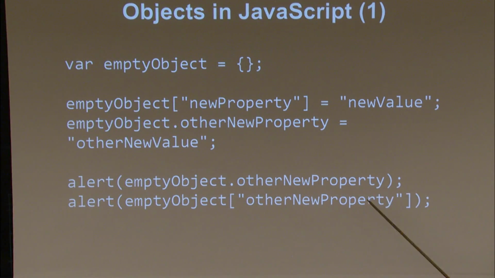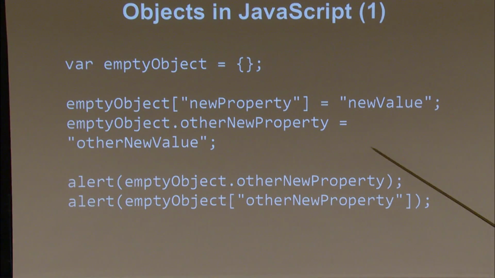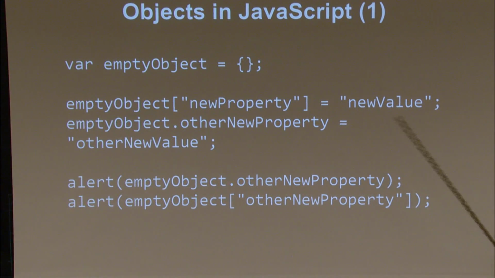And then here, this is just showing two different alerts. The alerts would be the exact same. It's just two different ways of accessing the element that we want. Does that make sense to everyone? I feel like this one probably makes more sense because we're coming off of PHP. But as we do more examples, this is literally exactly the same. A lot of it is just a change in syntax.